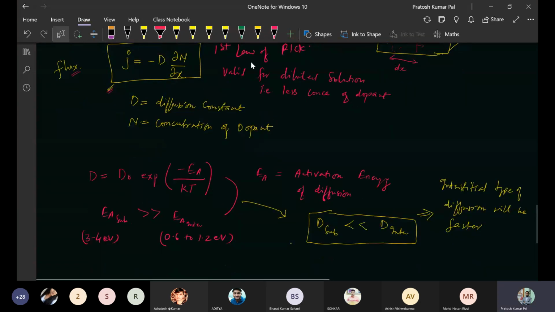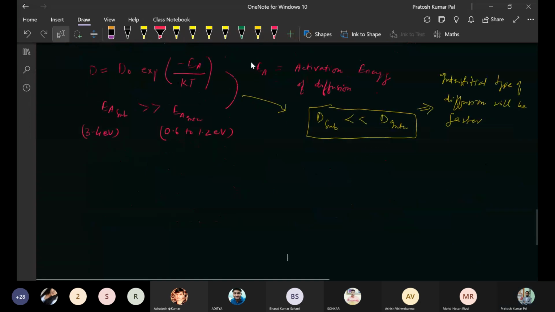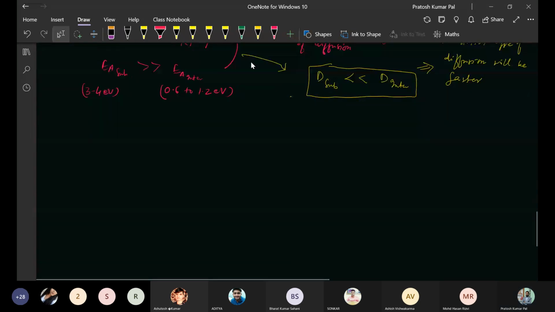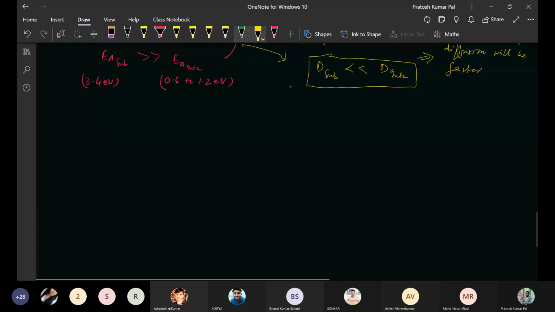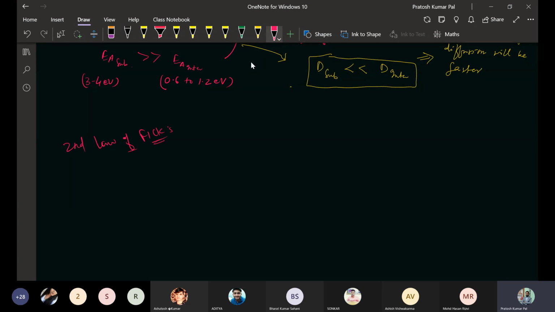Next we will see the second law. The second law is defined in terms of the rate of change of dopant atoms.